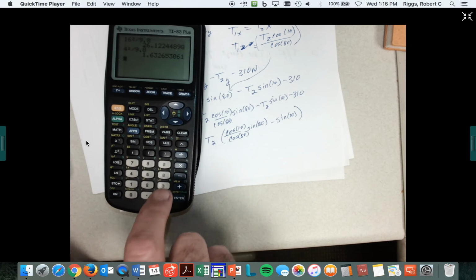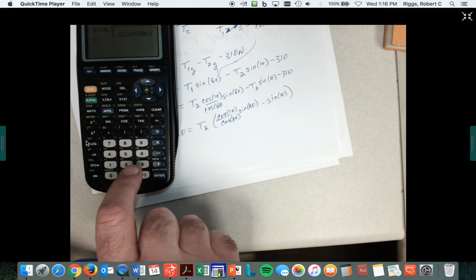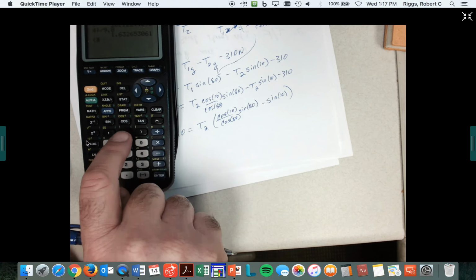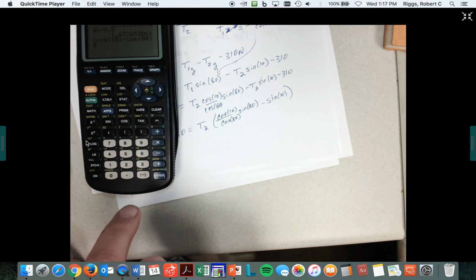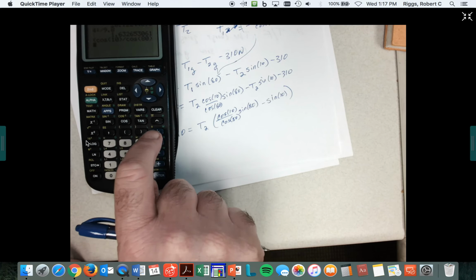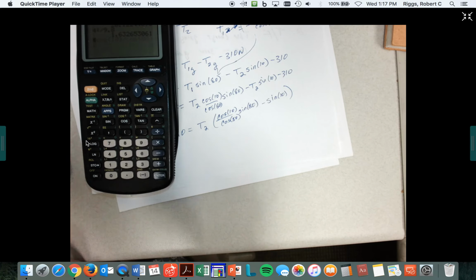So when I find out what the mess is there, when I take the cosine of 10 divided by the cosine of 80, I want to make sure I do this right on my calculator.